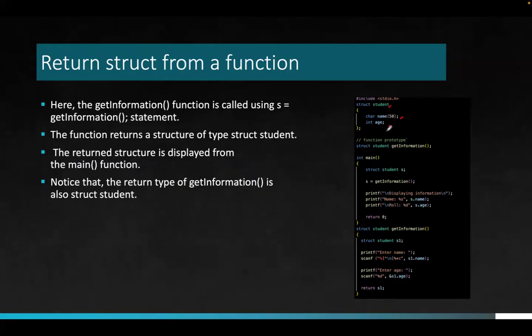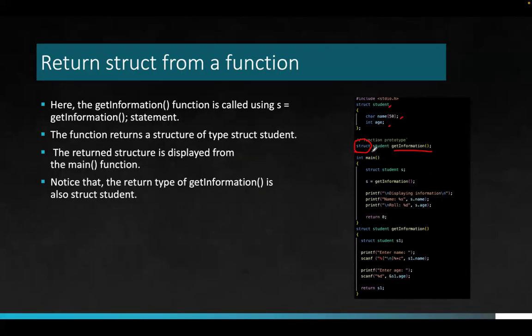Now in that, get information is a function. If you consider this function, we want to return a structure from a function, right? For that purpose, the return type should be structure. That is the reason we have given struct here.